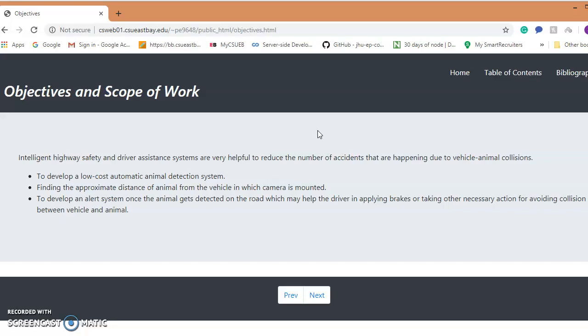The second objective is finding the approximate distance of the animal from the vehicle on which the camera is mounted, and to develop an alert system, so that once the animal gets detected on the road, it may help the driver in applying brakes or taking other necessary actions for avoiding collision between animal and vehicle.